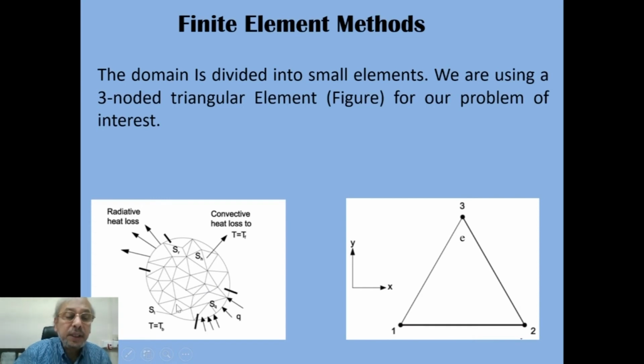Global nomenclature means that if we start defining 1, 2, 3, 4 this way, this point globally may be 10, the way the data structure is arranged, but locally it may be element number 8 and node number 1.